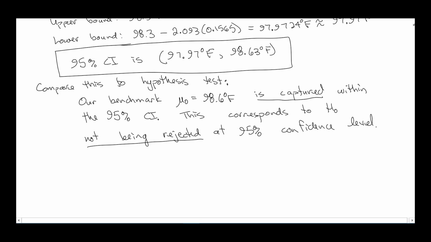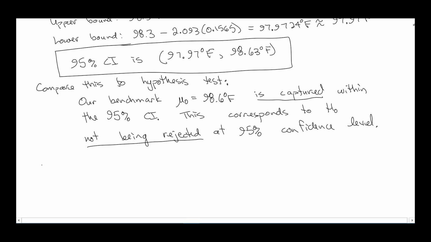Because basically a confidence interval is saying that we're 95% confident that the population mean is going to end up being within this interval. And so the fact that we didn't reject that null hypothesis leads us to think that our population mean is likely real close to this, so it does make sense it would capture it in here.